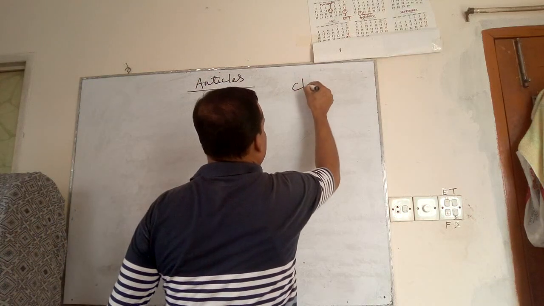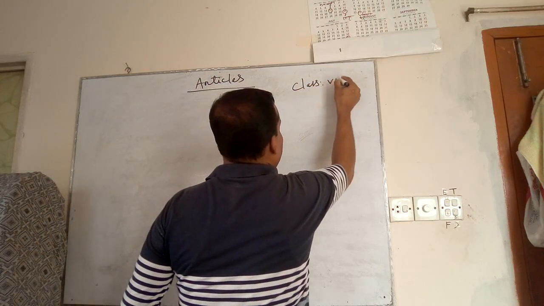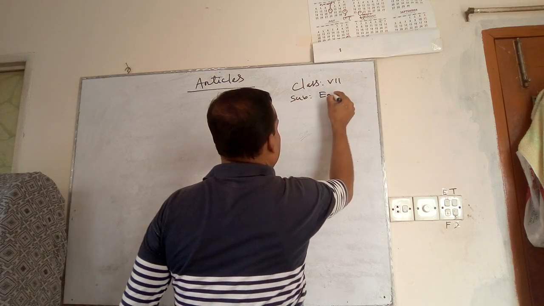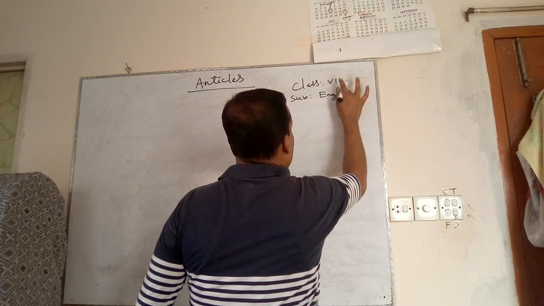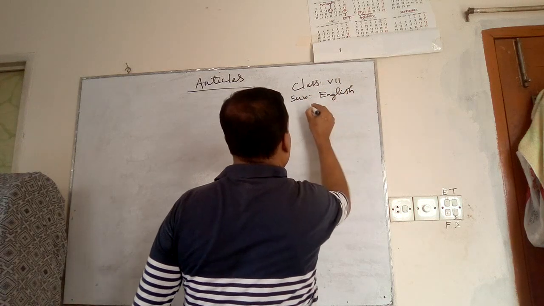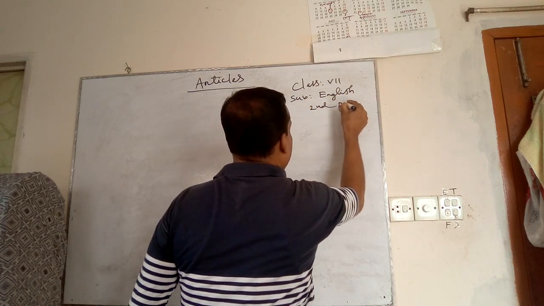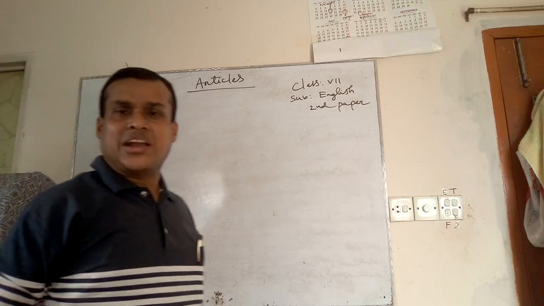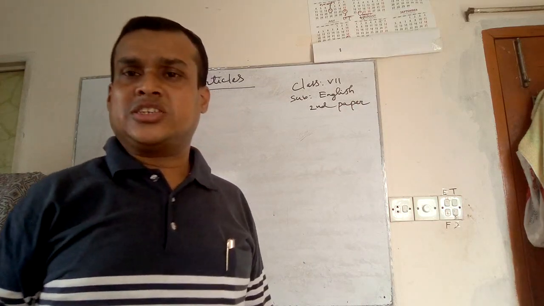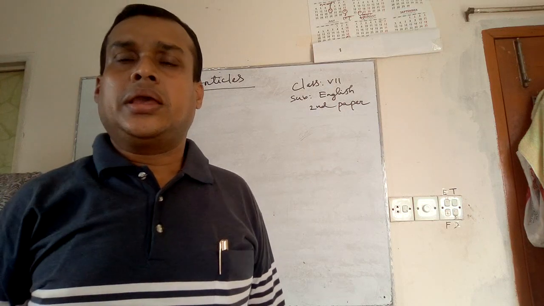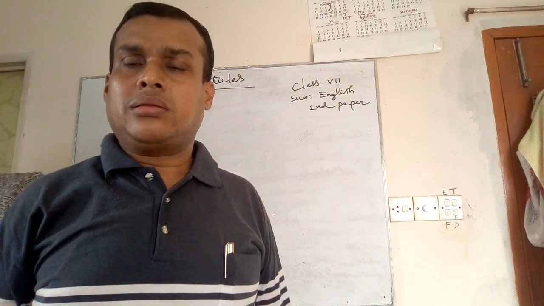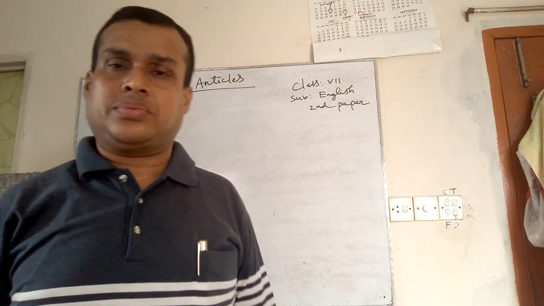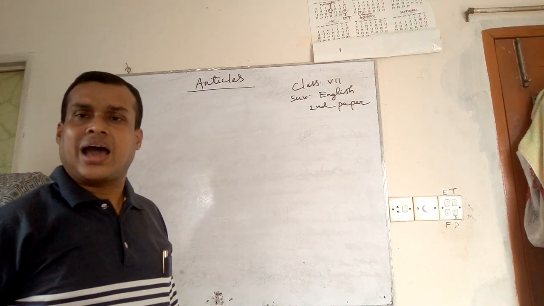Class 7, subject English, second paper. What is an article? There is a short definition: A, An and The are articles.